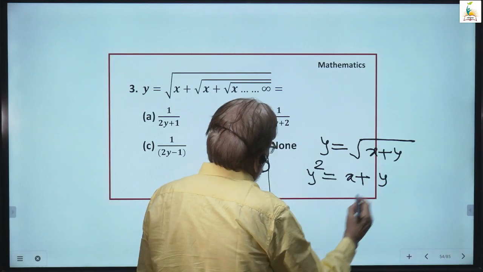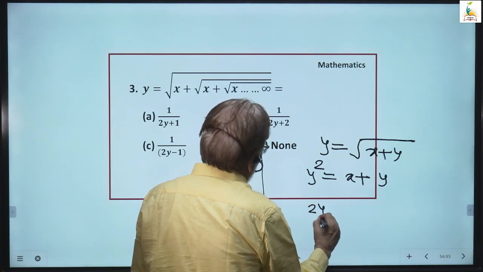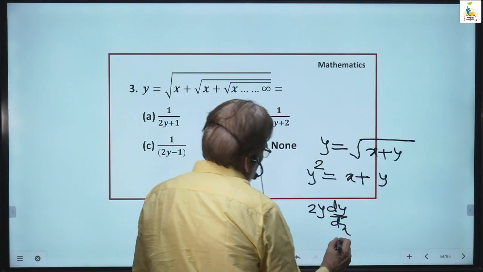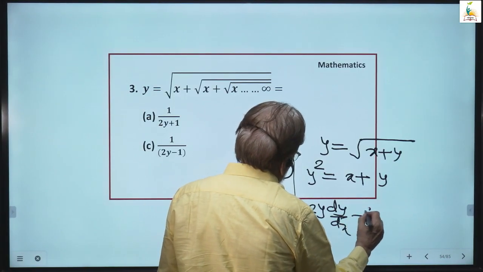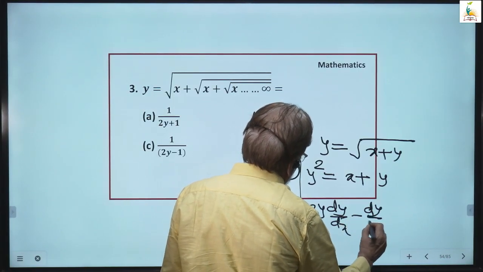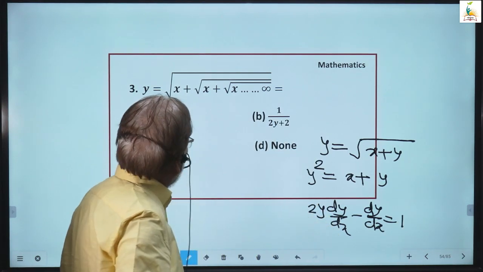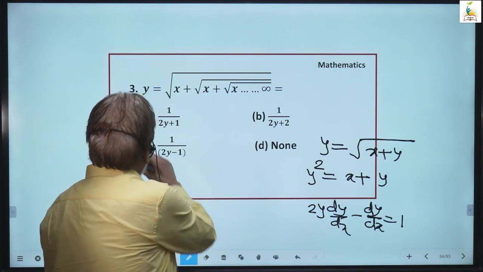Differentiate, 2y dy by dx minus dy upon dx will be equal to 1. So dy upon dx will be equal to 1 upon (2y minus 1).